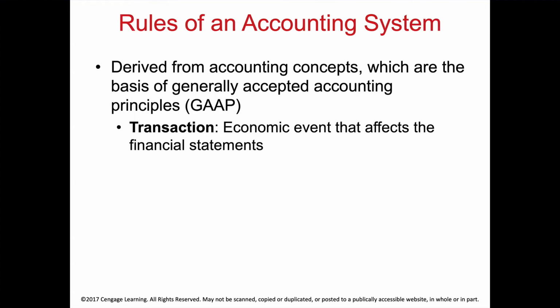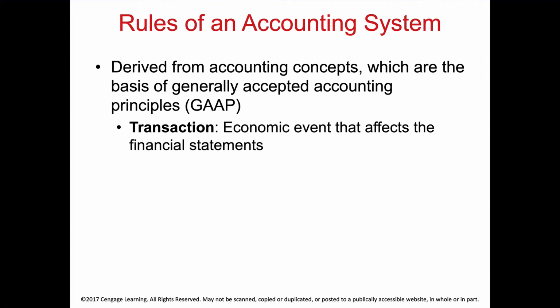So one of the things about financial accounting and the accounting system is that it's very, very rules oriented. There is a rule for how to treat every transaction, right? The rules are called Generally Accepted Accounting Principles, or GAAP. They are continually being revised and updated based on changes in the way that we do business. Just to be clear about what a transaction is: an economic event that affects financial statements, right?